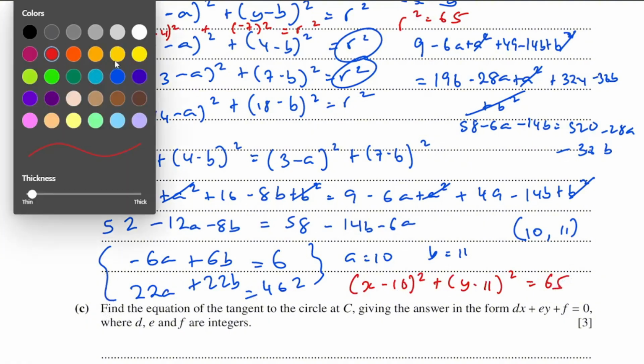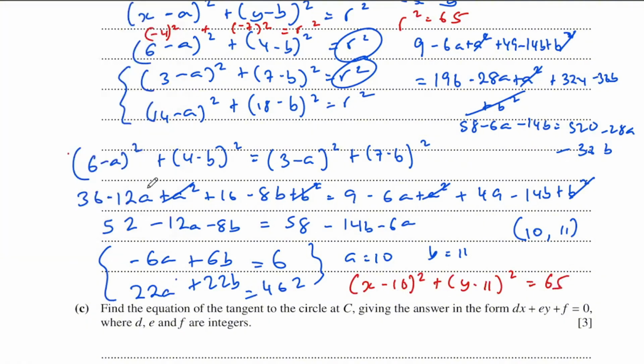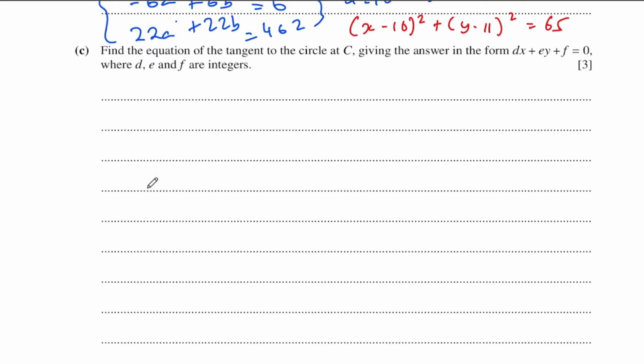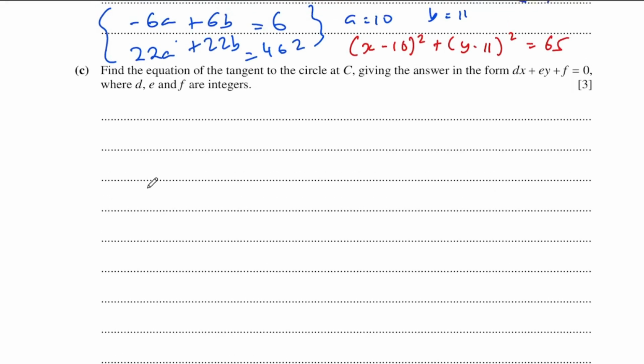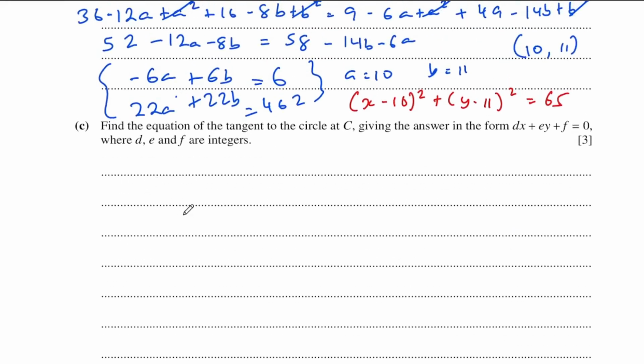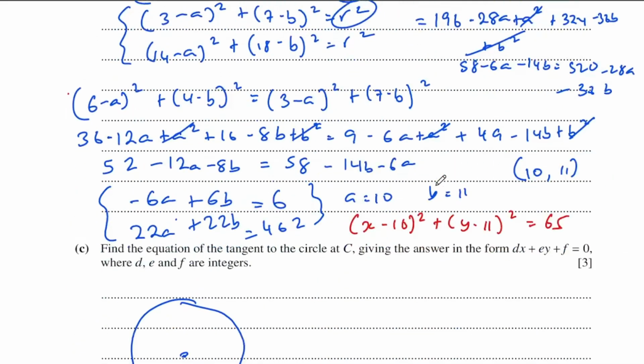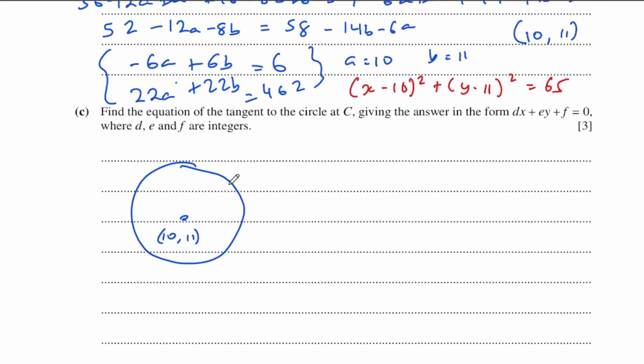Okay. Next, find the equation of the tangent to the circle at C, giving the answer in the form dx plus ey plus f equals 0. Okay, so we have a circle. We have the center, which is 10, 11, and we have point C, which is 14 and 18, right? They're telling us to find the tangent.